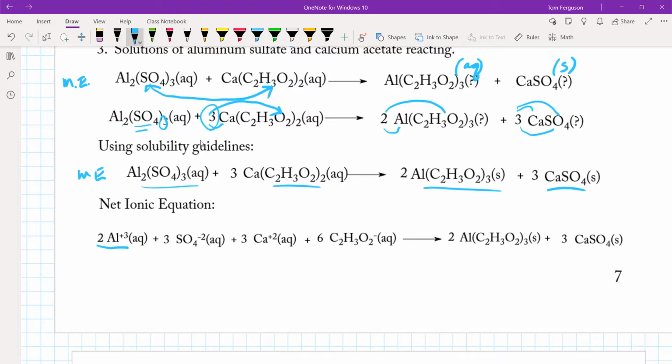We have 3 sulfates, and those are aqueous. 3 calciums, 6 acetates.